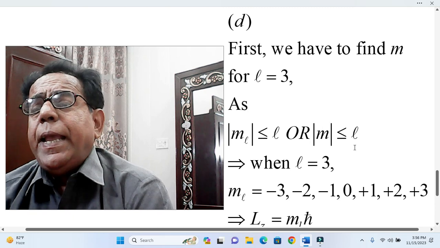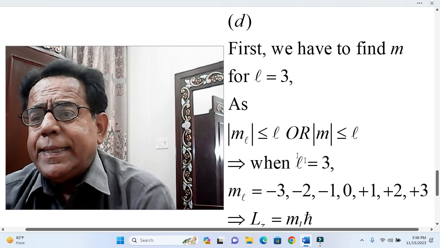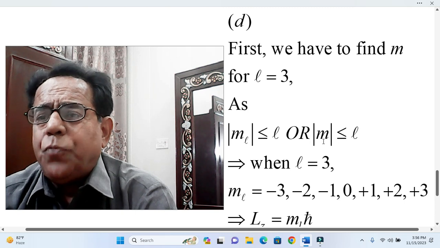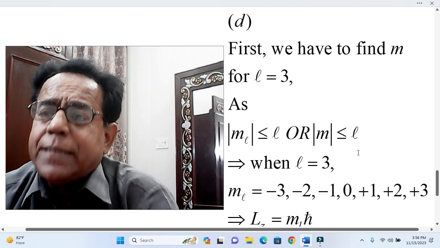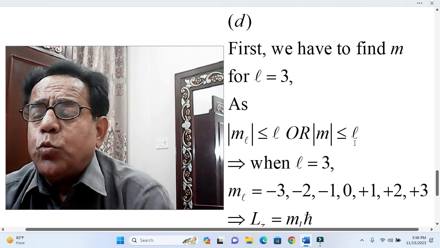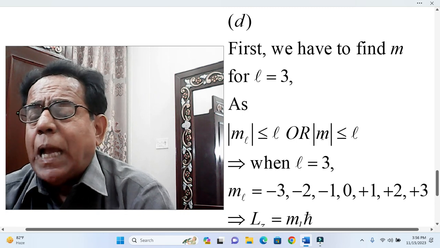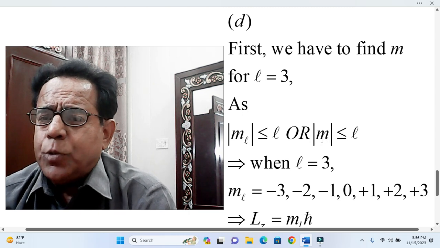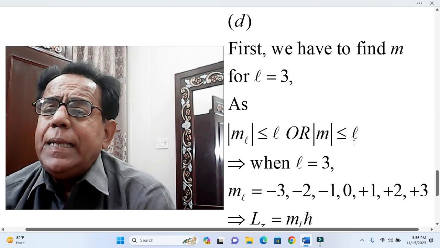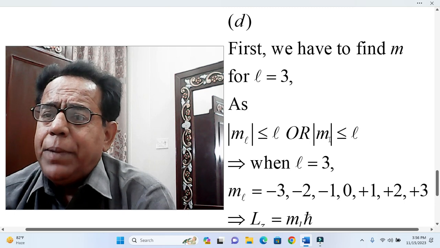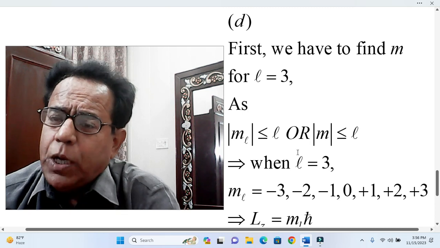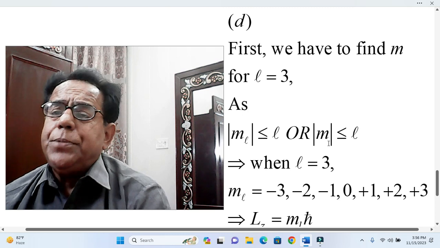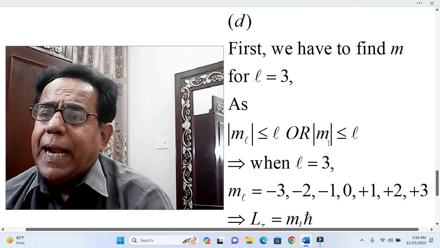The expression that small l is equal to or greater than the magnitude of M can be written as small l is equal to or greater than small m, and small m is equal to or greater than minus l. So here small m lies between plus l and minus l.